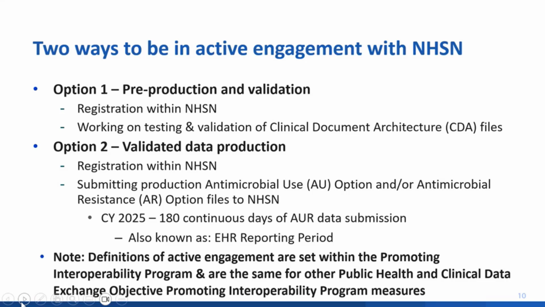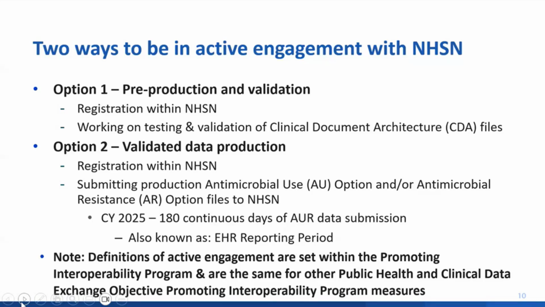If the facility is working towards generating test files, CMS has confirmed that the test file step is not required to be completed to count towards active engagement. Or the facility can be in option 2, which is validated data production. And that means they also have completed their registration of intent within NHSN, and they are moving forward with sending production AUR data to NHSN.